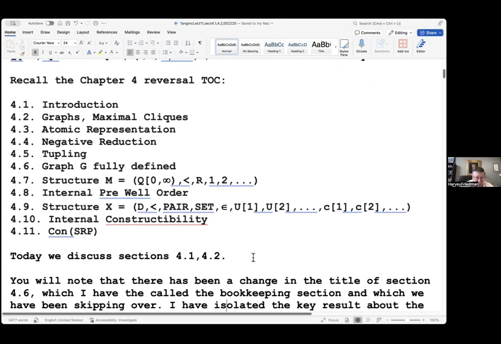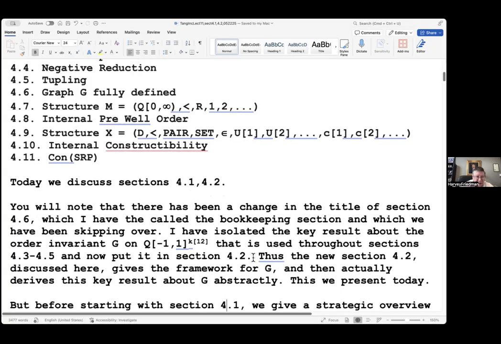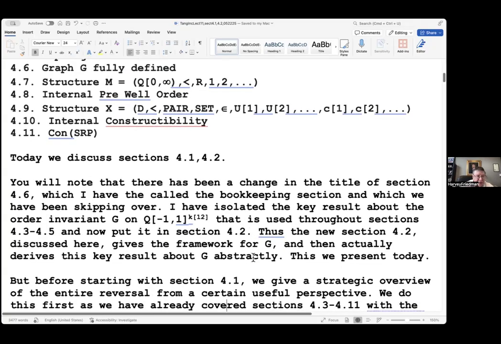All right. So note there's been a change in the title of section 4.6. What happened is I've isolated the key result about the order invariant graph that's used throughout sections 4.3 to 4.5. That key information is a simple one to state, and it's now put in section 4.2.